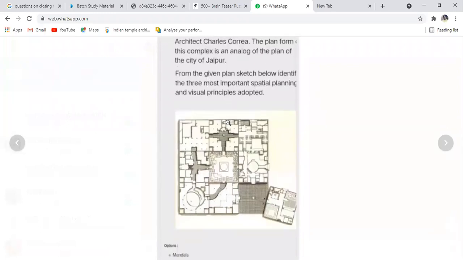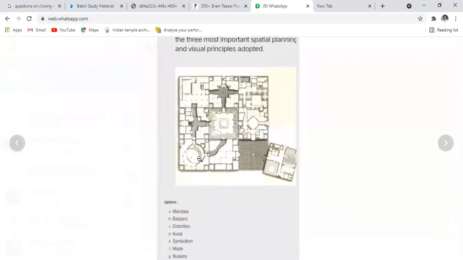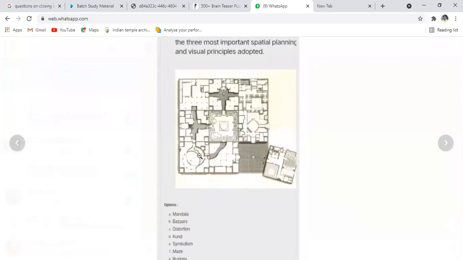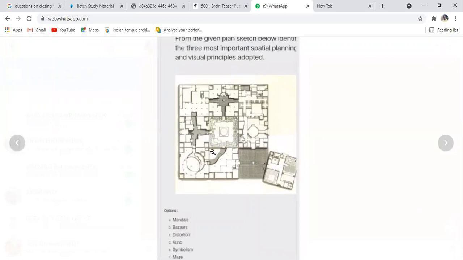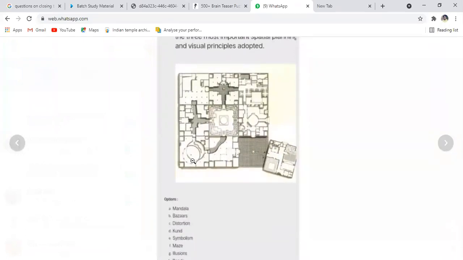So what is that round structure? If I look at this plan, they have created the entrance section, a pathway, a facade.